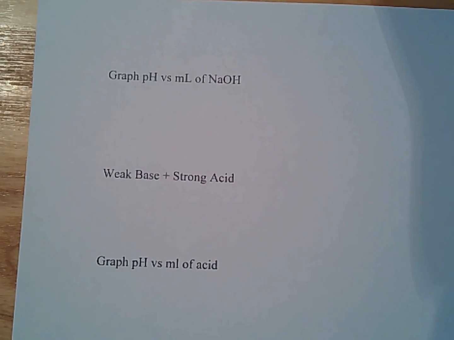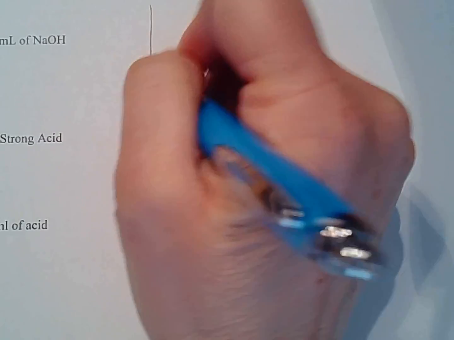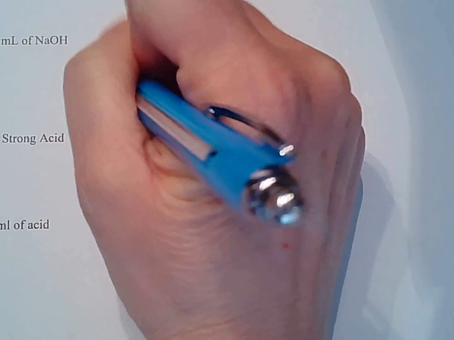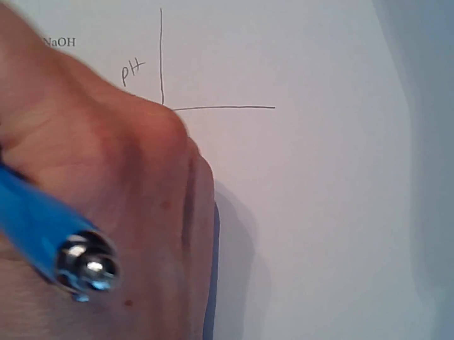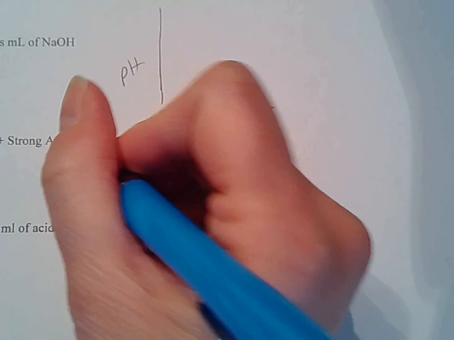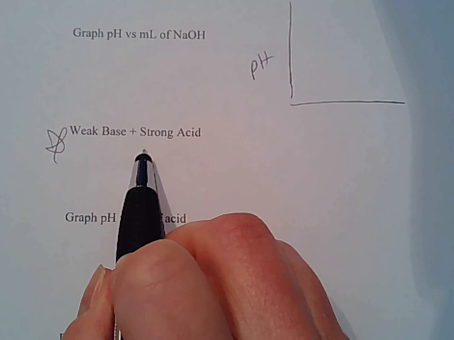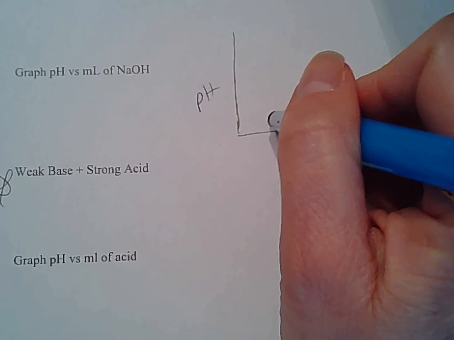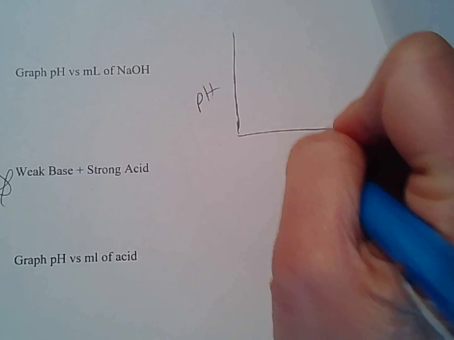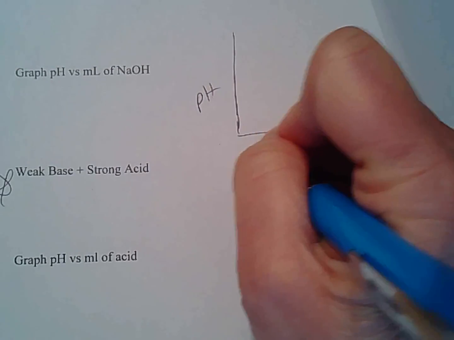Let's see. Oh, just to make sure I put down all of the points I want to put down. So pH, again, if I am doing the graph of a weak base with a strong acid, I will see that the strong acid is down here in terms of milliliters.